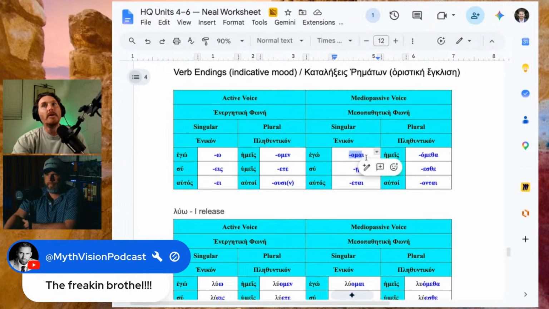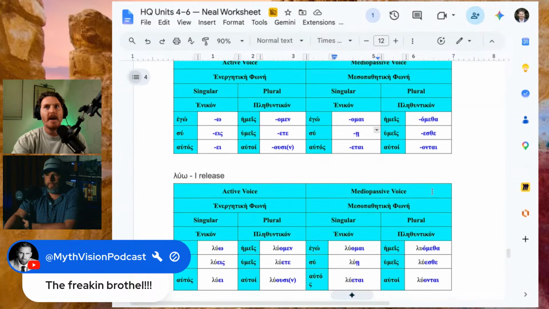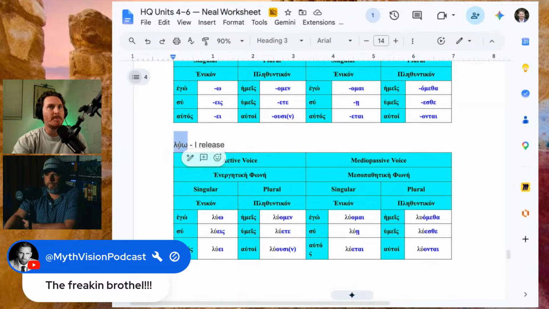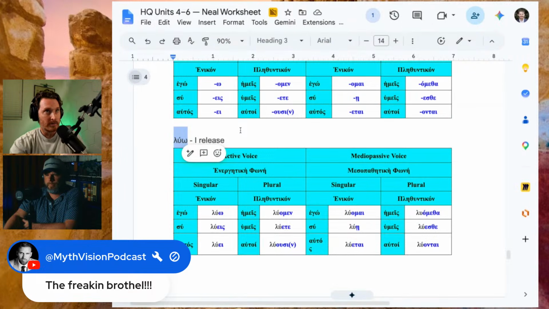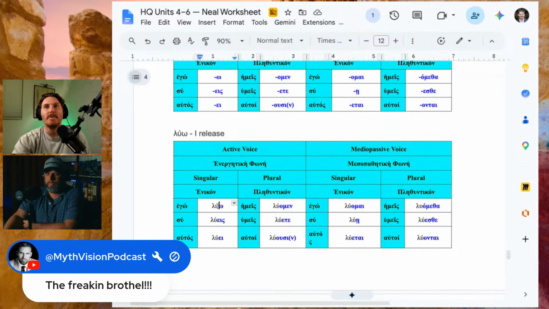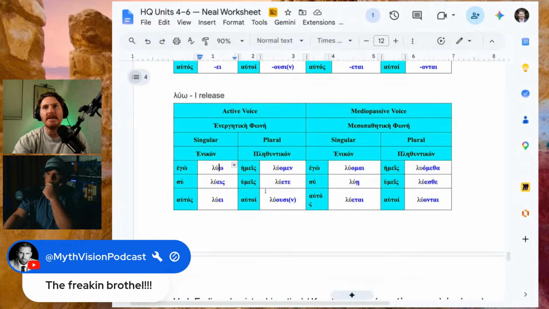And in the middle voice, it's omai, ei, etai, ometha, esthe, ontai. For the prototypical Greek verb luo, to release or loosen, you know these already: luo, lueis, luei, luomen, luete, luousin, and then the middle passive.